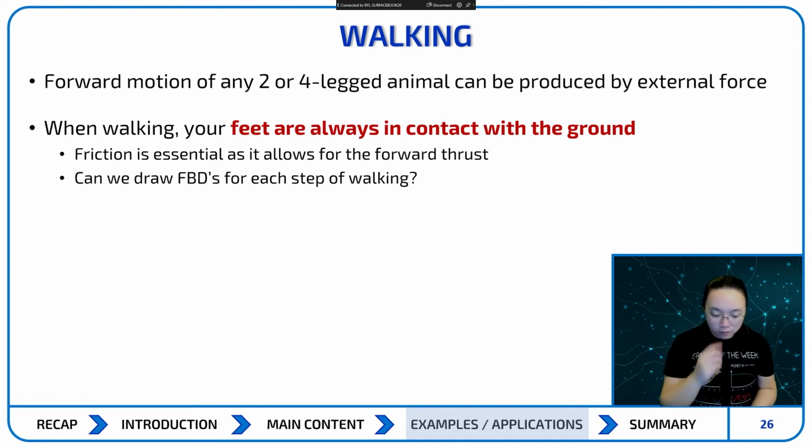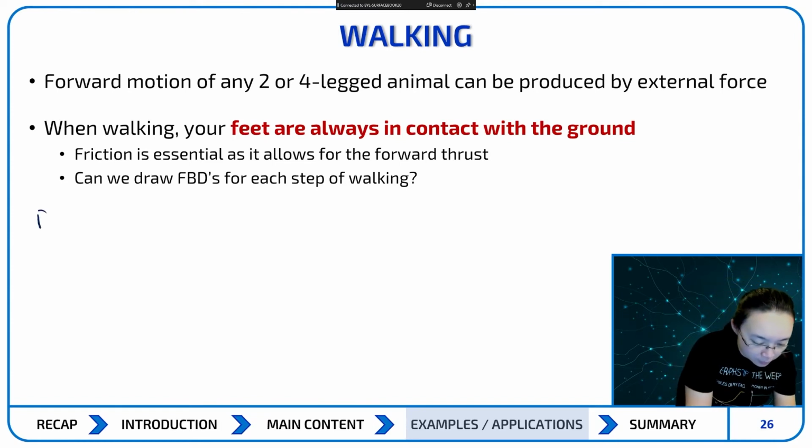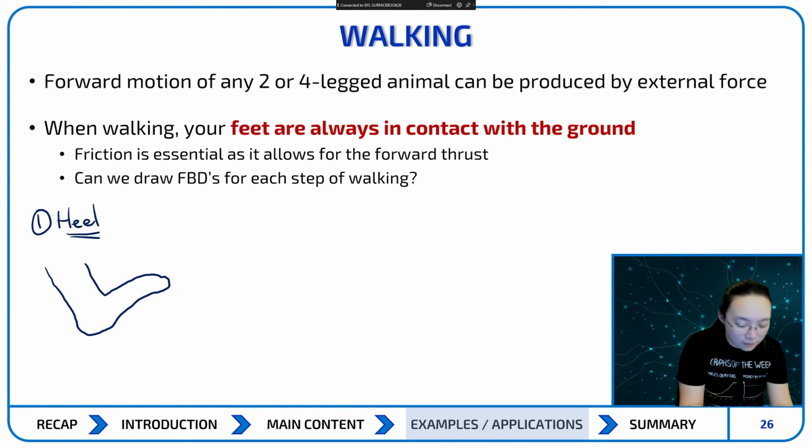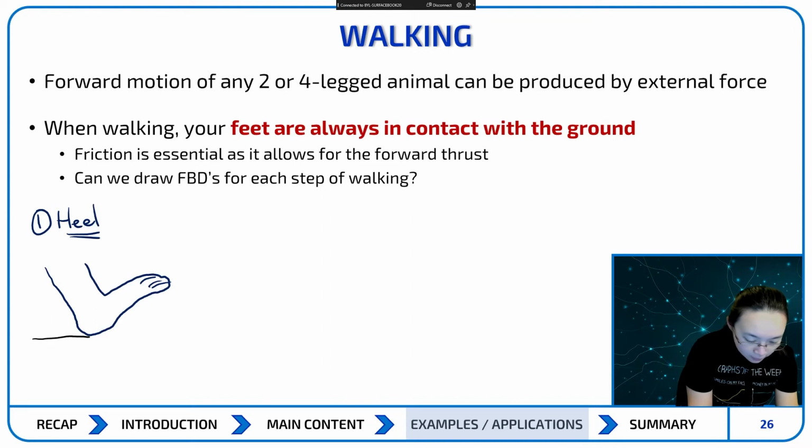So we're going to start off with walking on the back of your feet, or your heel. So this would be step 1. On your heel, there's my foot. Not the greatest foot, but we'll do that. And the foot is touching the ground.